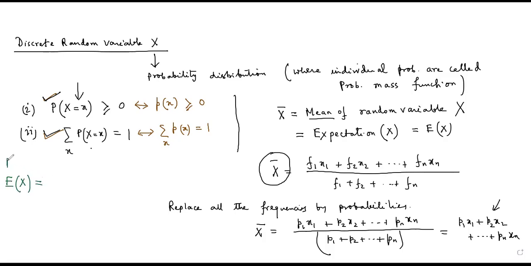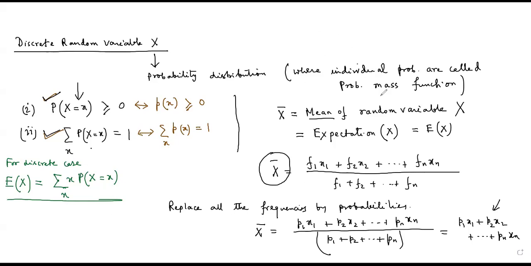For the discrete case, this expectation is defined as the summation over x of x into the probability of small x, considering all possible values of x. This is the general formula for calculating the arithmetic mean EX.